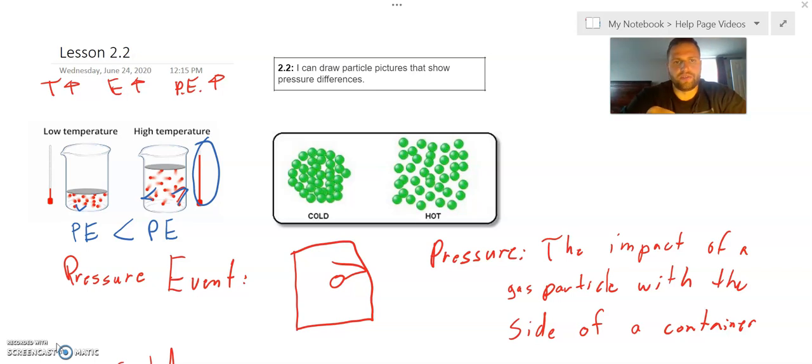So circling back to descriptor 2.2, how can I draw particle pictures that show pressure differences? Here's what we've got to do, and you definitely want to write this down. Draw more pressure events.